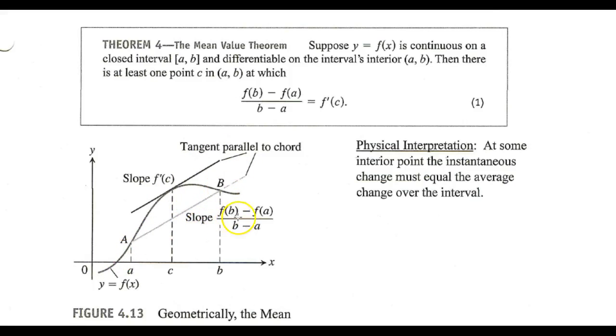Because the slope of that line is f of b minus f of a over b minus a, change in y over change in x. That would mean that the slope from this picture has to be the same value as that slope. In other words, f prime of c equals f of b minus f of a over b minus a. Of course, that's true only if f of x is continuous again and differentiable on the inside of the interval a to b.